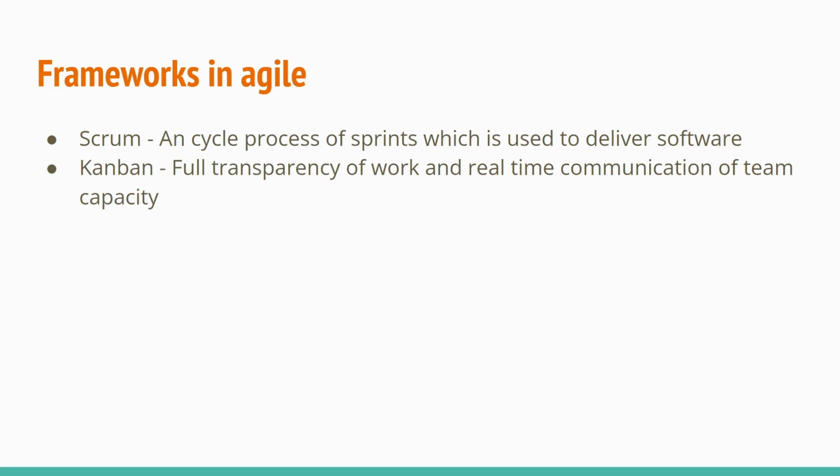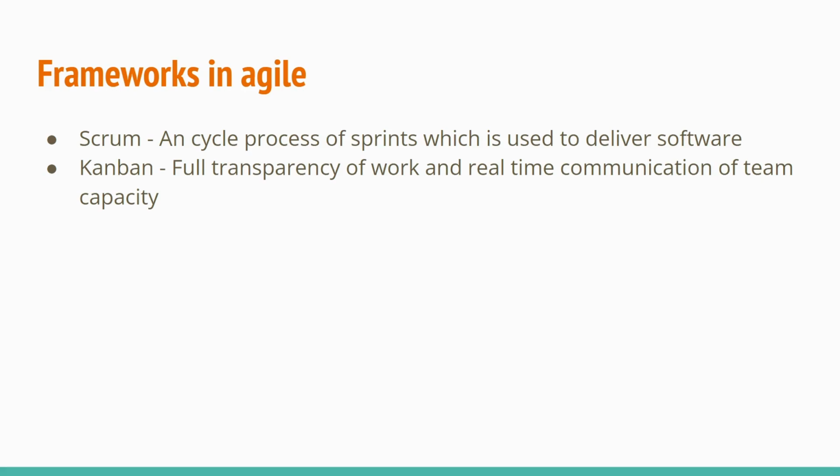Now we will look into the frameworks in agile. The agile process has some frameworks, Scrum and Kanban, which are much more popular nowadays. Scrum is a cycle which consists of sprints and is used to deliver software.